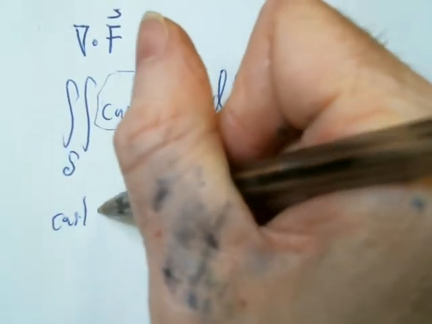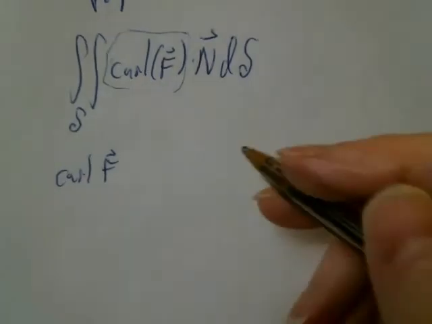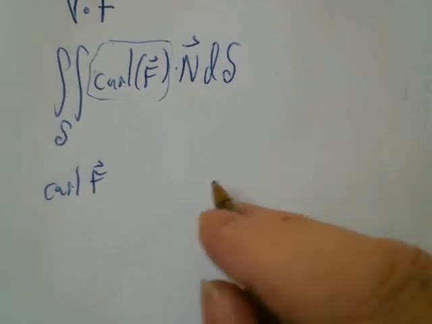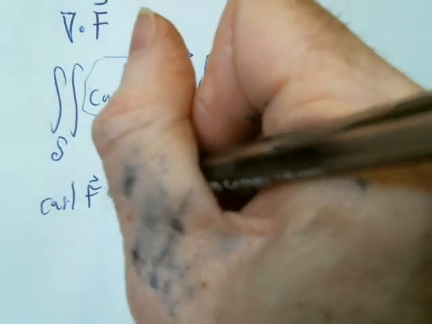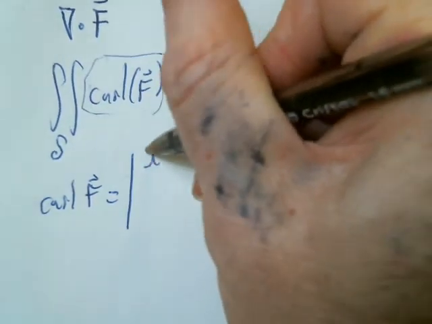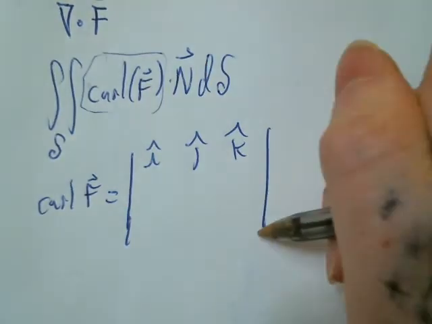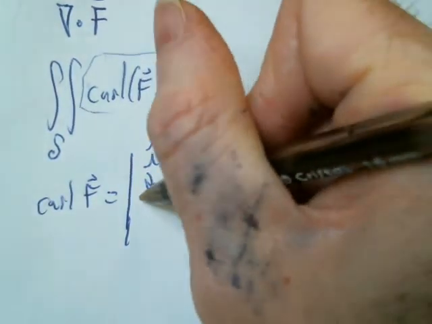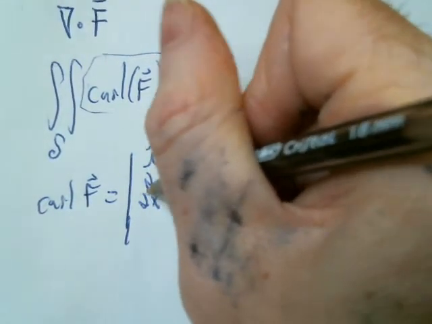The curl of F is this nabla dotted with F, so you're applying the gradient kind of to the vector field. And the way we thought of that was to set up this determinant operation where the first set of components were partials.